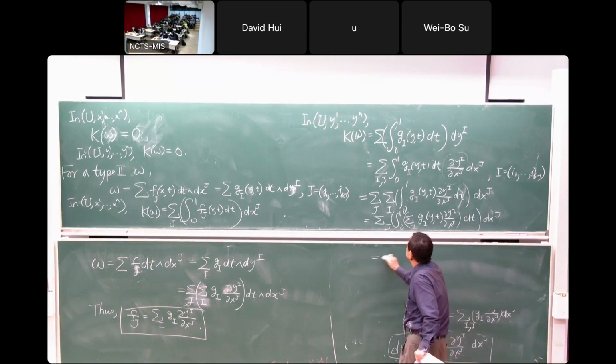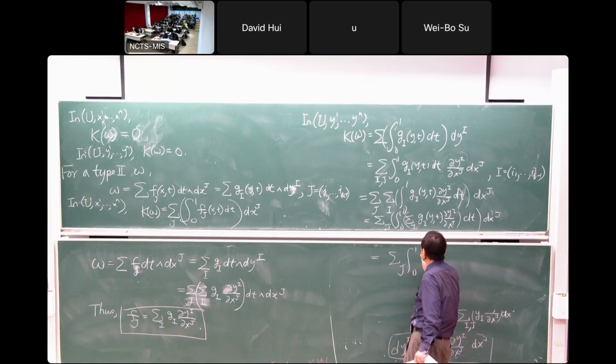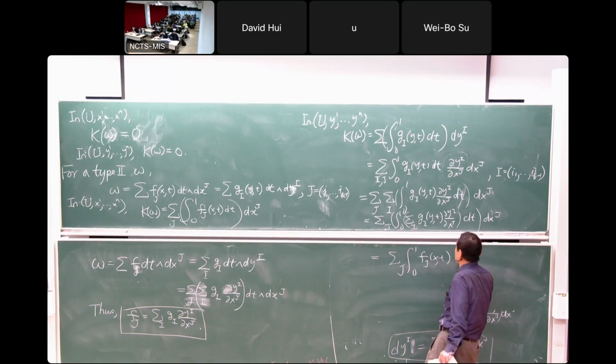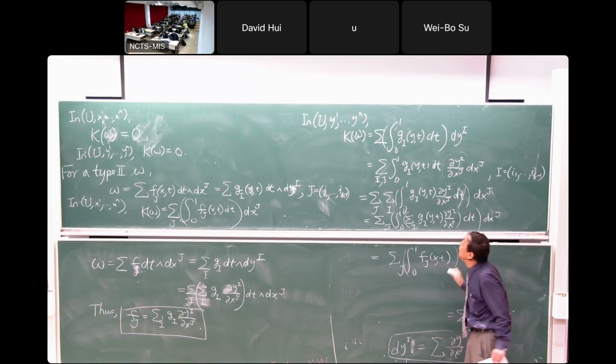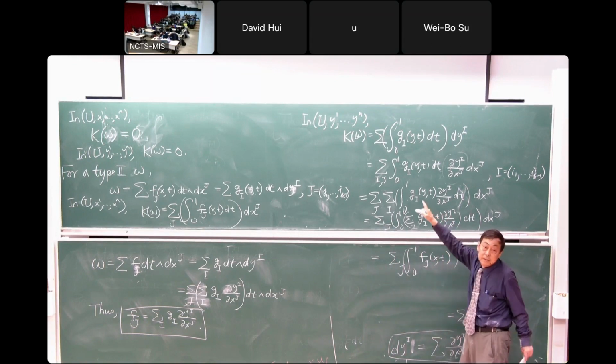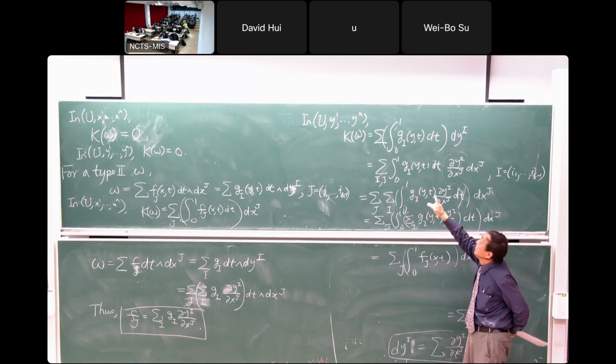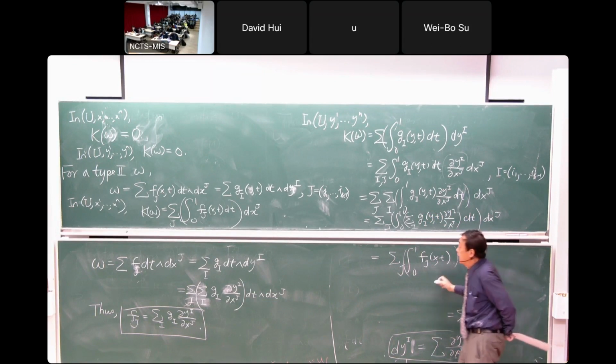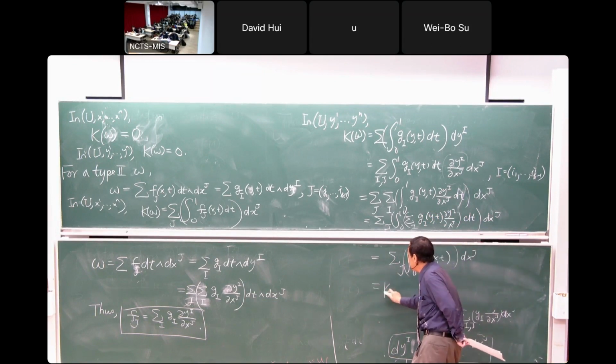Okay, so this is the sum over J of the integral from 0 to 1 of Fj(x,t) dxj. Yeah, so you see that in the y-coordinate system, the answer you get is the same as the answer from the x-coordinate system.